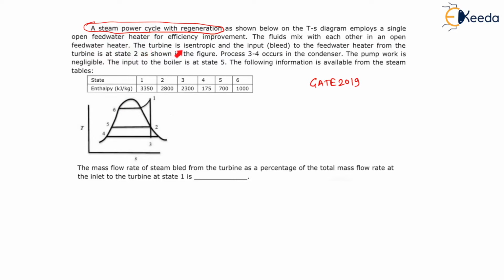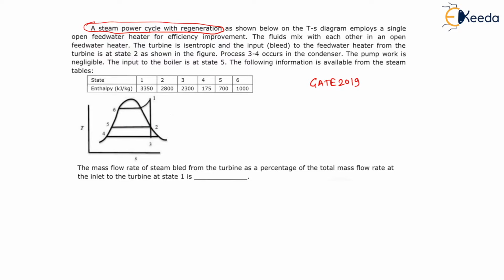Then the turbine is isentropic and the input bleed to the feed water heater from the turbine is at state 2 as shown in figure. My dear students, 1 to 3 there is an isentropic turbine, and from this turbine input to the feed water heater is at 2.